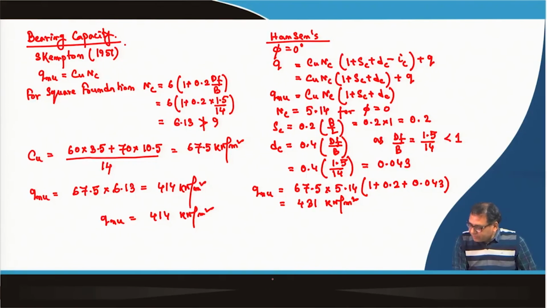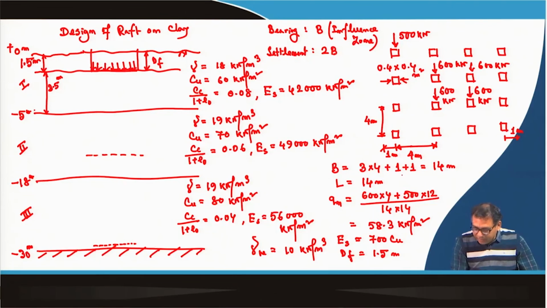So, the factor of safety that we are getting is: our net ultimate bearing capacity is 414 and the load which is acting is 58.3, that is the net stress which is acting on the foundation.